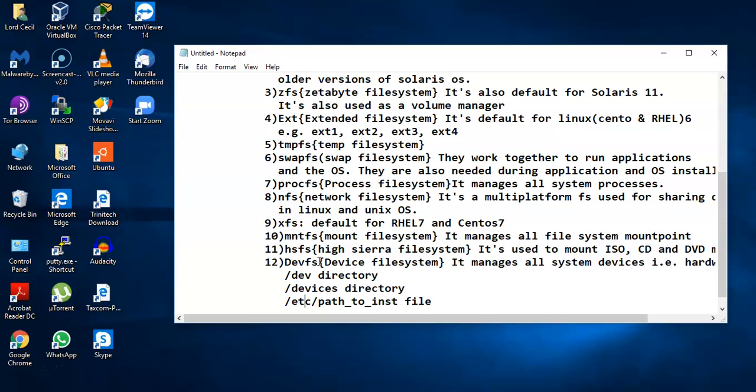So to make it easy, just say a logical name, which we saw in the /dev directory, is a link to a physical name in the /devices directory. You see the point?